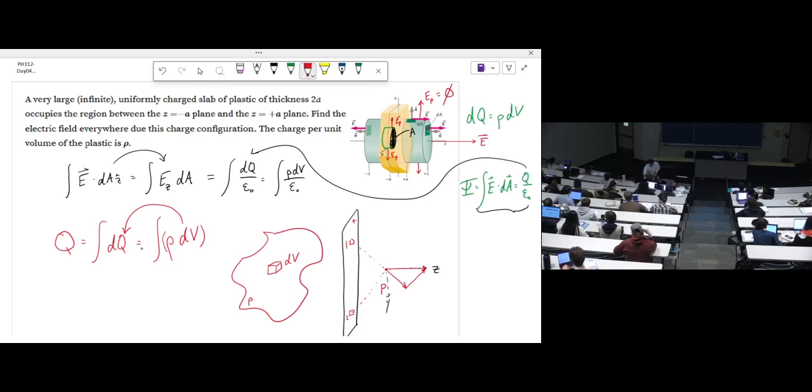If I integrate over either one of these, that gets me the total charge enclosed by the volume, which is what I was told to find according to Gauss's law anyway.